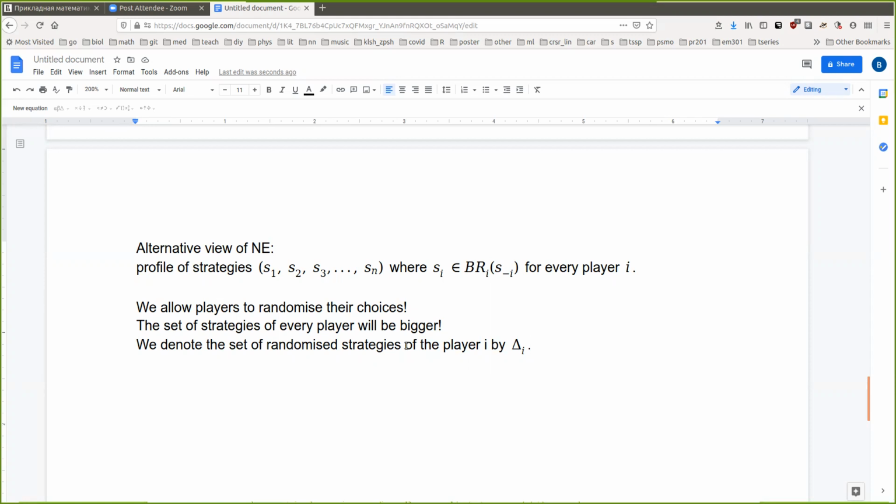To distinguish them, we will introduce terminology.